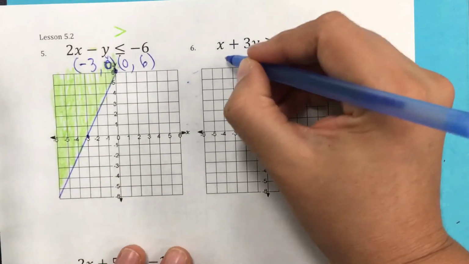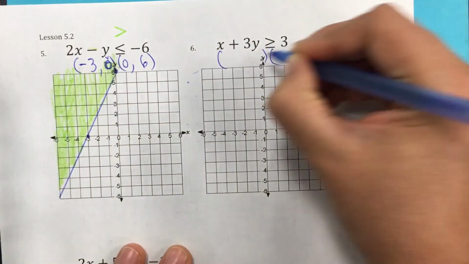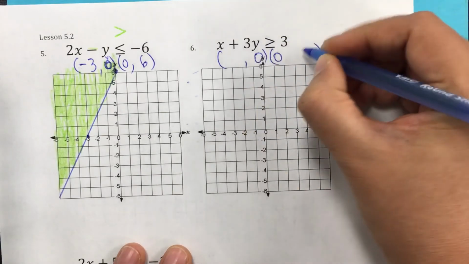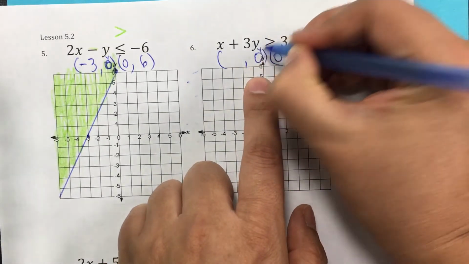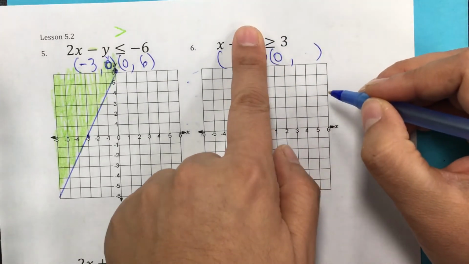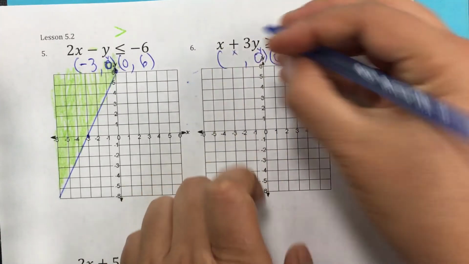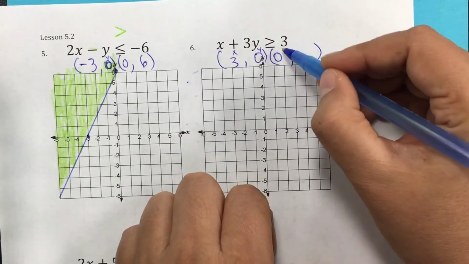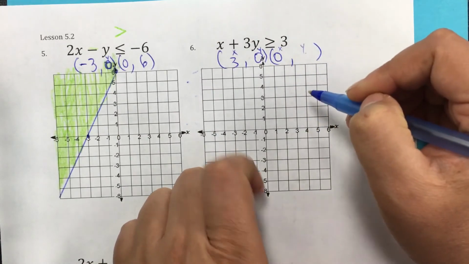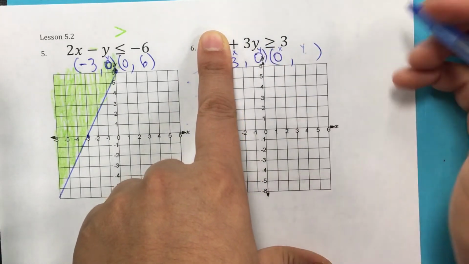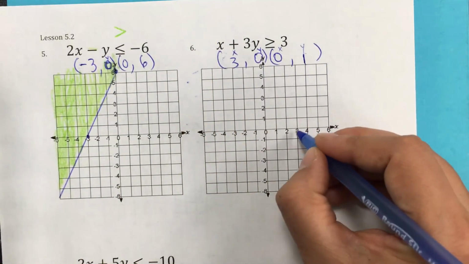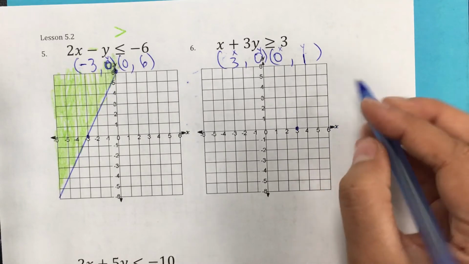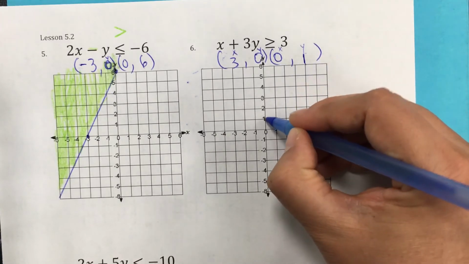For the next one, we do the 0, 0. This is the x-intercept, the y-intercept. So if y is 0, that disappears and x equals 3. If x is 0, that disappears and 3 divided by 3 is 1. 3, 0, it's right here. 0, 1 is right there.